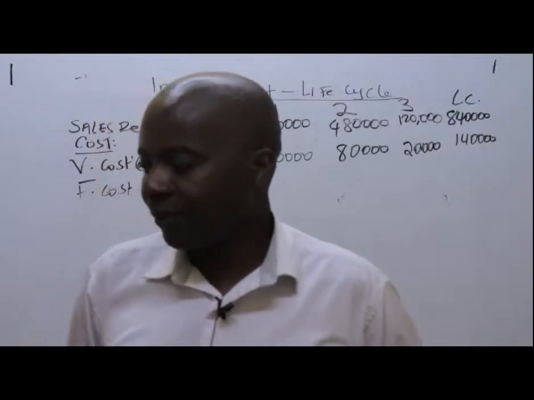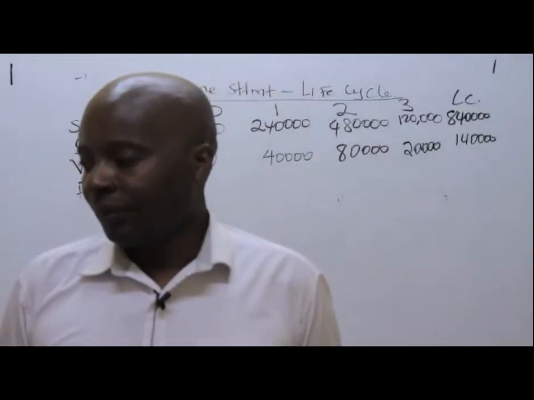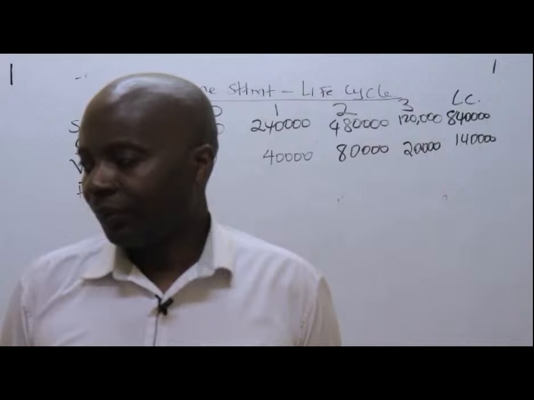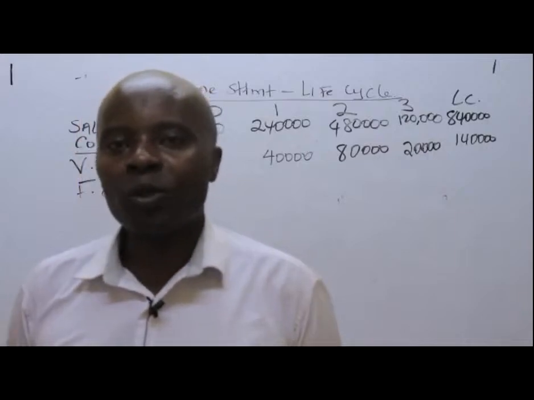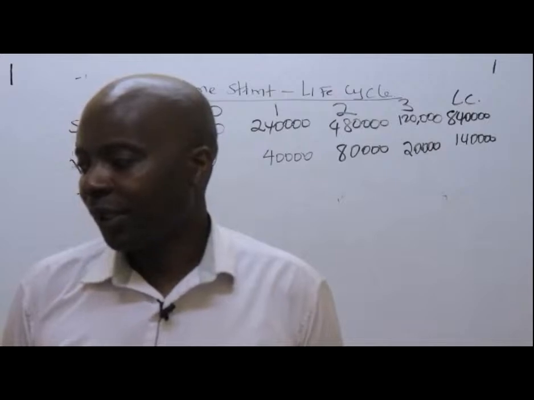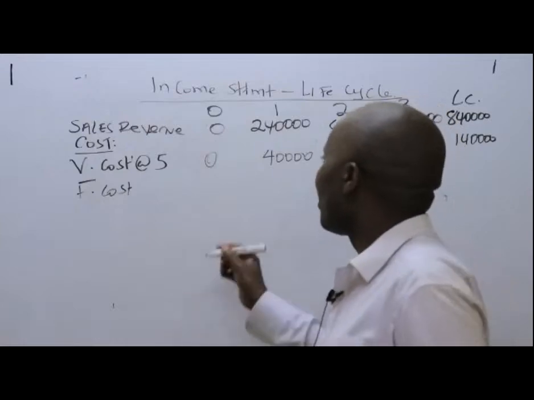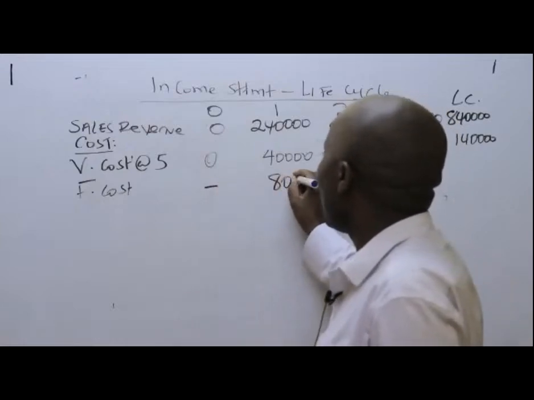Remember, we had used the high-low method to ascertain the fixed cost. So Teresa gives me 80,000 for year 1.